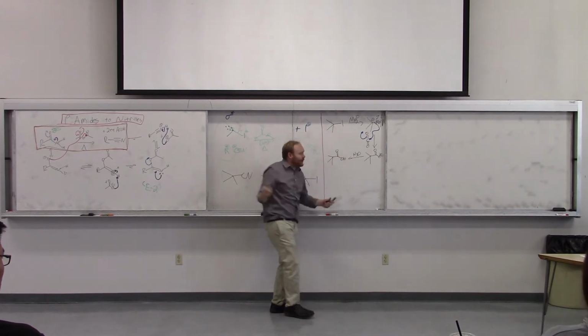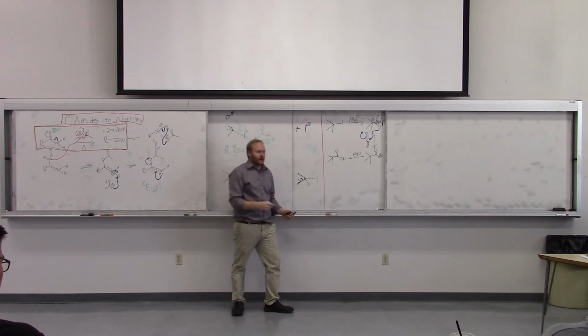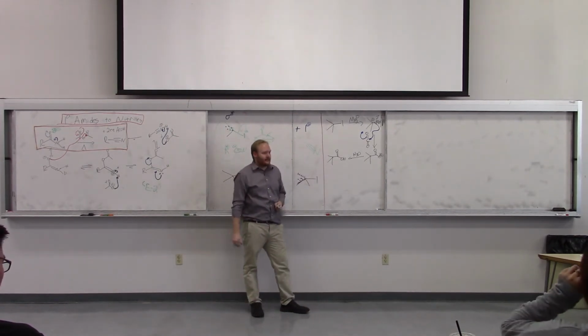So first off, that's a good way to make carboxylic acids, by taking your Grignard and CO2. It's a great way to make carboxylic acids.